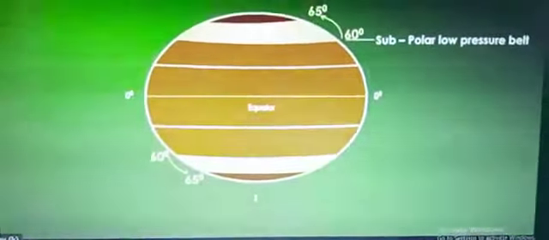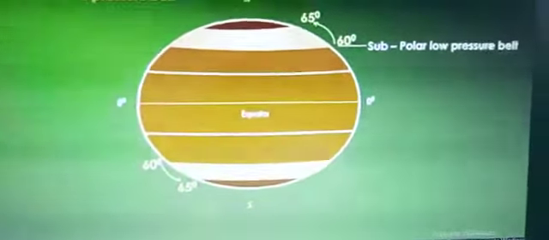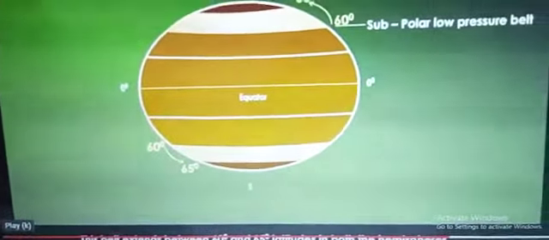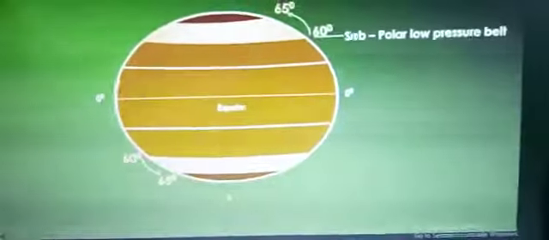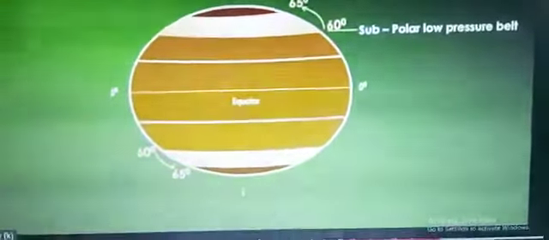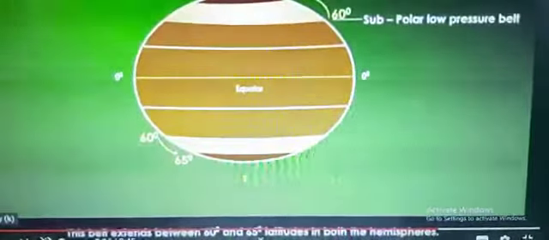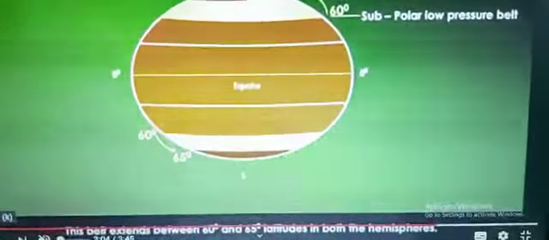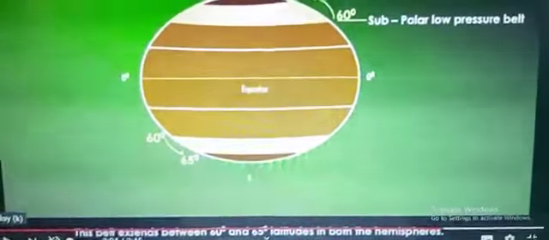Due to the earth's rotation, the wind surrounding the polar region blows toward the equator. Why are they blowing toward the equator? Because cold air is always heavier, so it sinks toward the equator. Centrifugal force operating in this region creates a low pressure belt called the circumpolar low pressure belt.